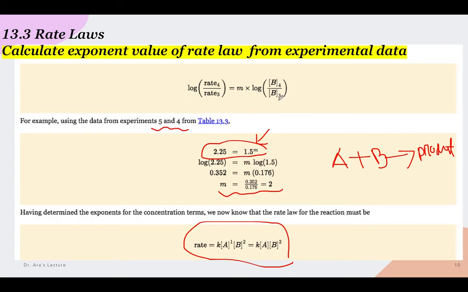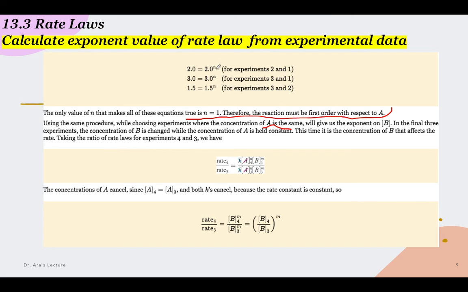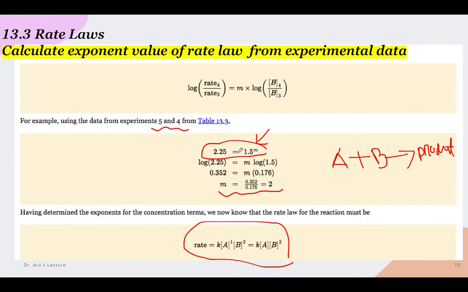Using this equation and putting in the values, we will find the m value. If the equality holds just with n equal to 1, it comes easily, but when it does not, we follow this procedure and this formula and we can calculate.